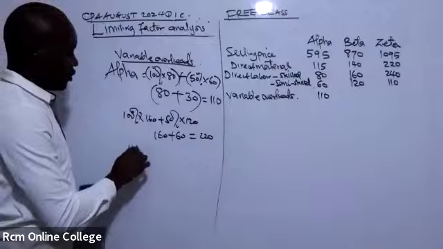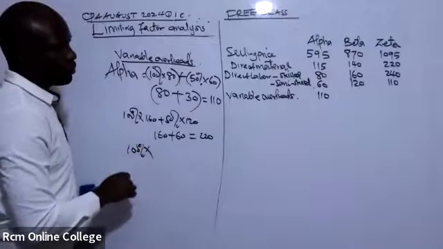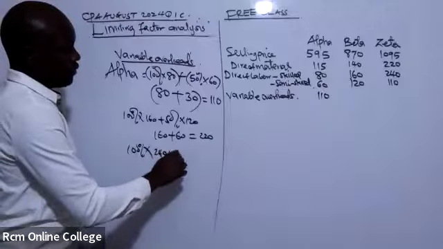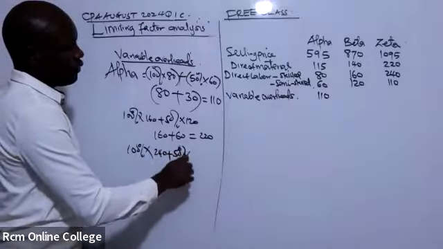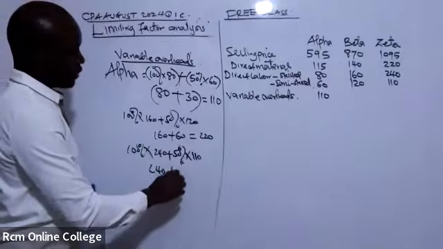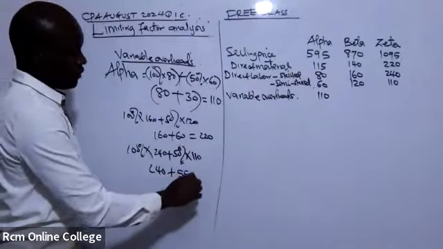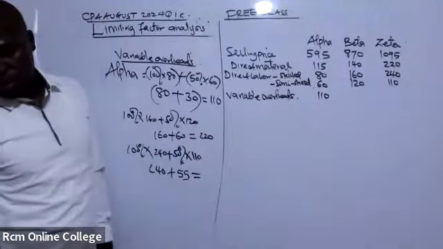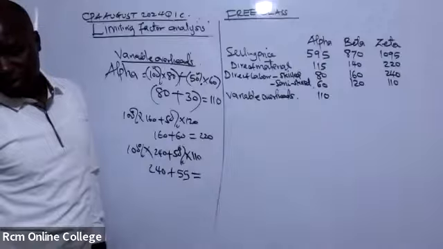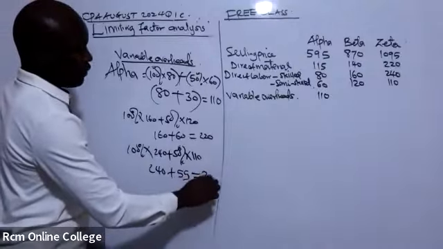For zeta, we need 100% of 240 plus 50% of 110. That must be 240 plus 55, that will be 295.